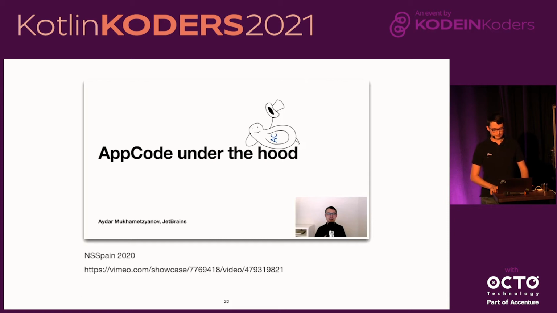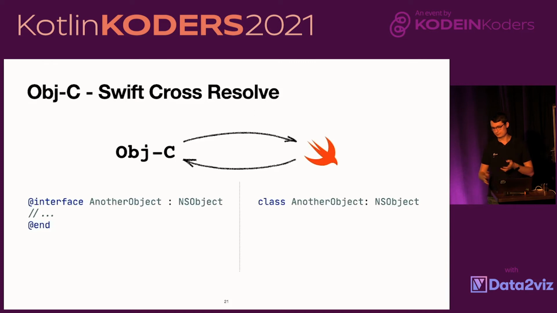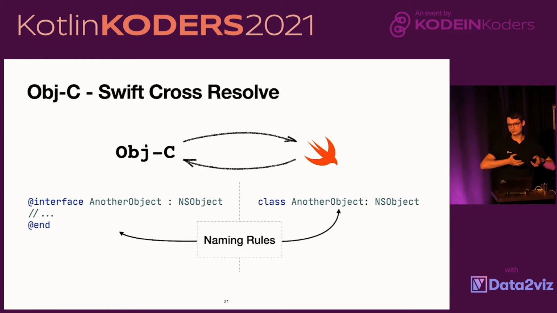All right. Regarding this cross-resolve between languages. To work with 2 different languages as with one language, we need to convert the symbols of different languages, like symbol of one language to symbols of another language. For Objective-C and Swift, it's quite easy because in Swift compiler or it's in SourceKit, we have some naming rules, and that's how we could take Objective-C symbol, create a Swift symbol from this symbol, and vice versa.